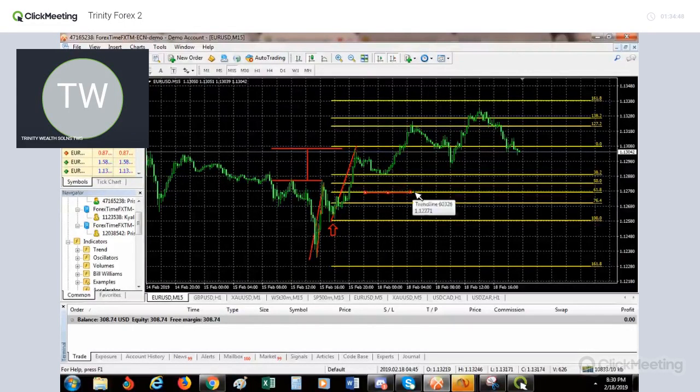So I will lock my profit, but still give the trade room to move up, giving my trade room to move more.